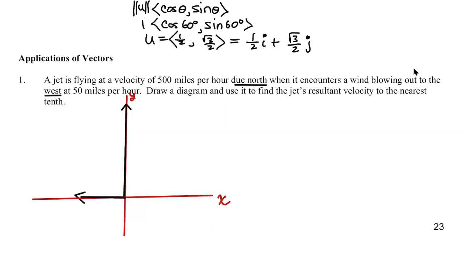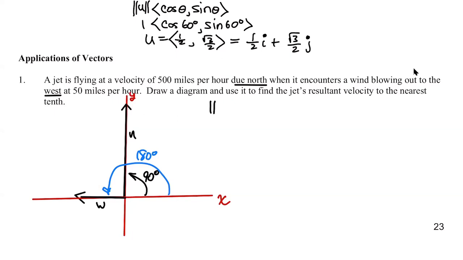So I got this angle here, I'll use an arrow to justify. That's going to be 90 degrees. Then I got this angle, which is 180 degrees. The one going to the north, for lack of a better name, let me just call that N. And the one going out to the west, same deal, I'll just call it W, all right?